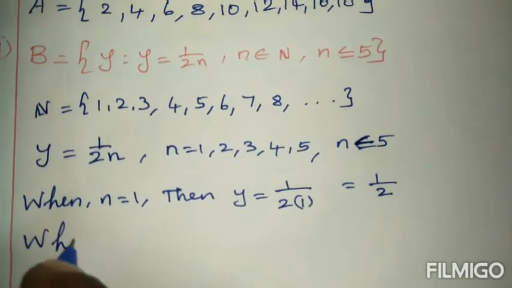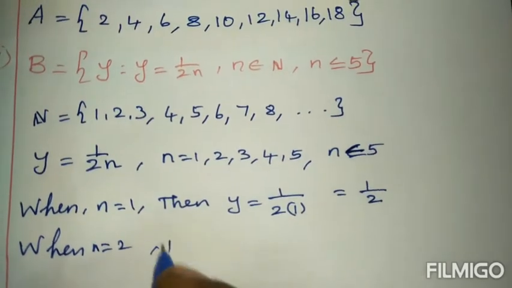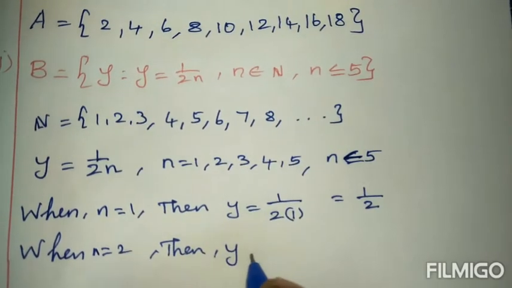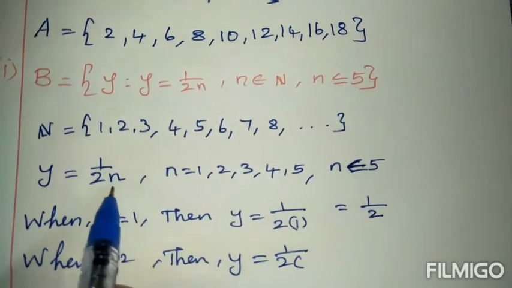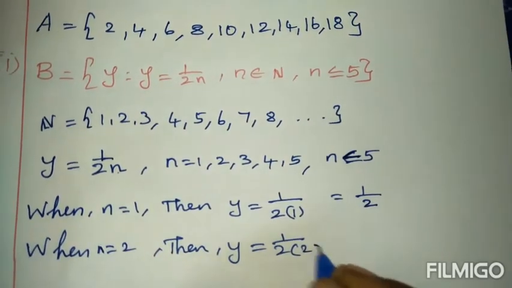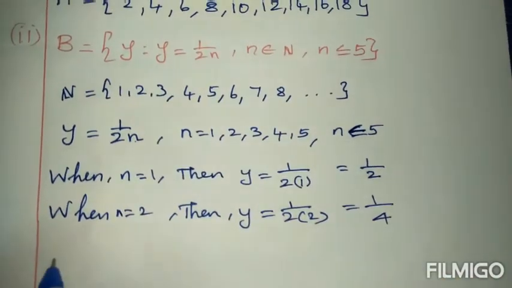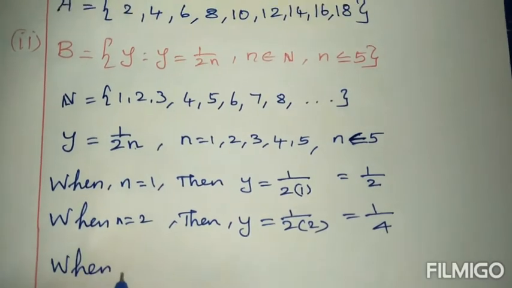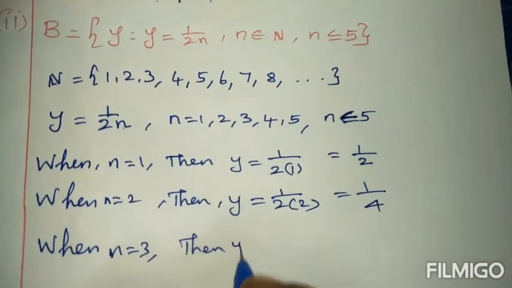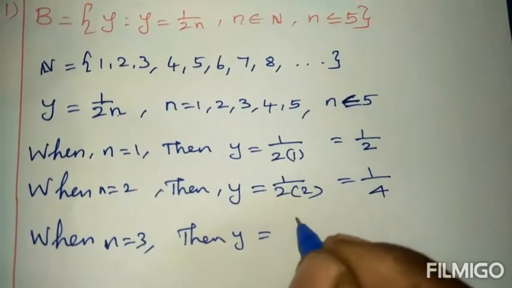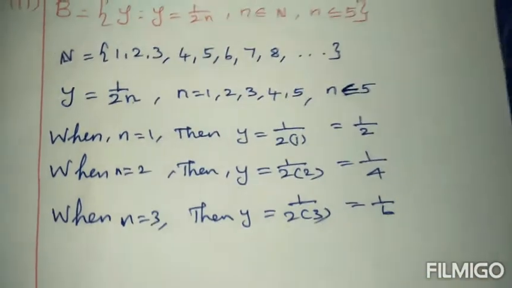Then when n is equal to 2, then y is equal to 1 by, here we have to apply 2 instead of n. So 2 into 2 is equal to 1 by 4. Next, when n is equal to 3, then y is equal to 1 by 2 into 3 equal to 1 by 6.